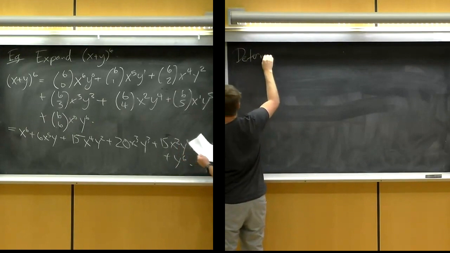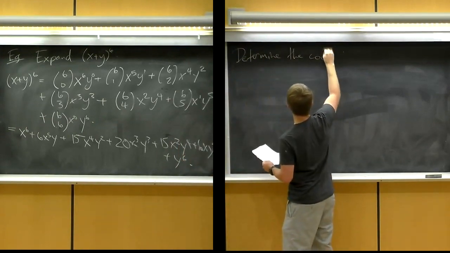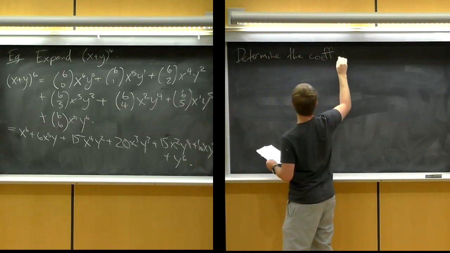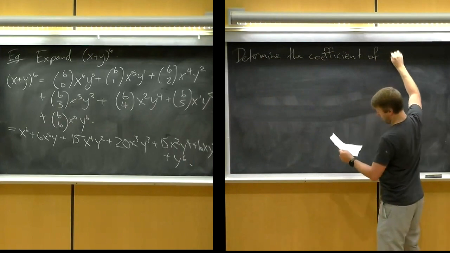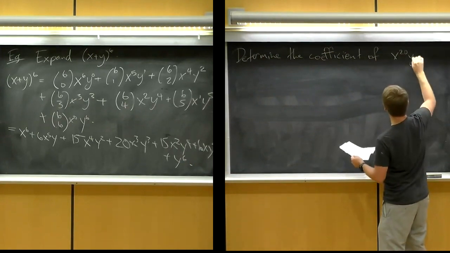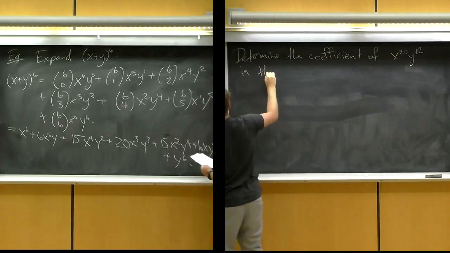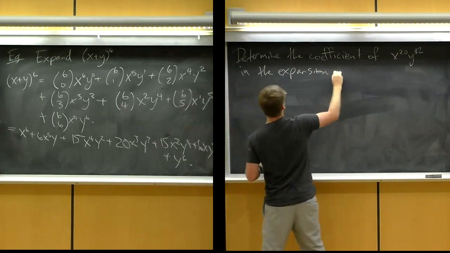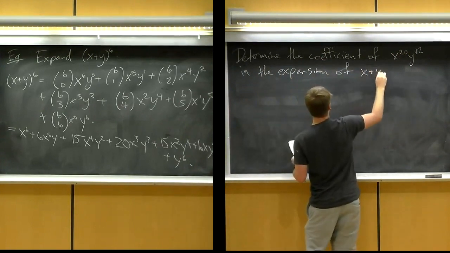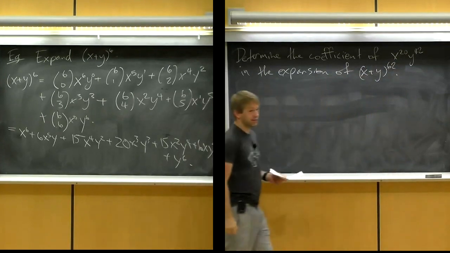So determine the coefficient of x to the 20, y to the 42 in the expansion of x plus y to the 62.